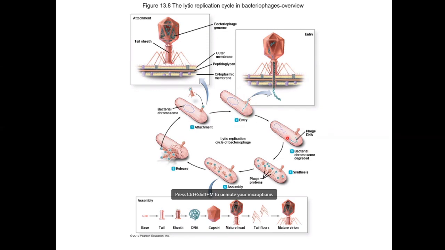And from this DNA, everything will be synthesized, either protein or replication, and by replicating, we lead to assembly, then release, then infect new bacteria continuously, and the bacteria will just be lysed. And this is an example of a lytic bacteriophage. A question?